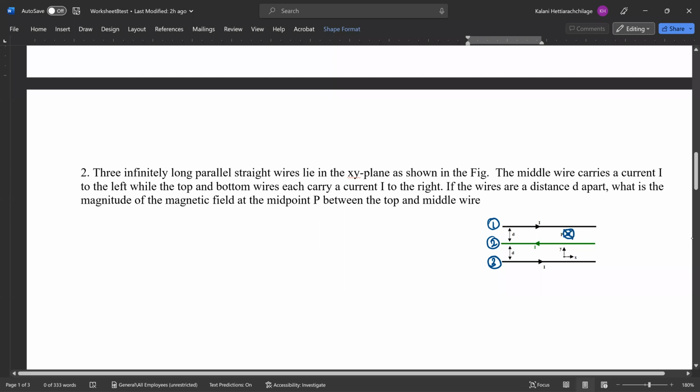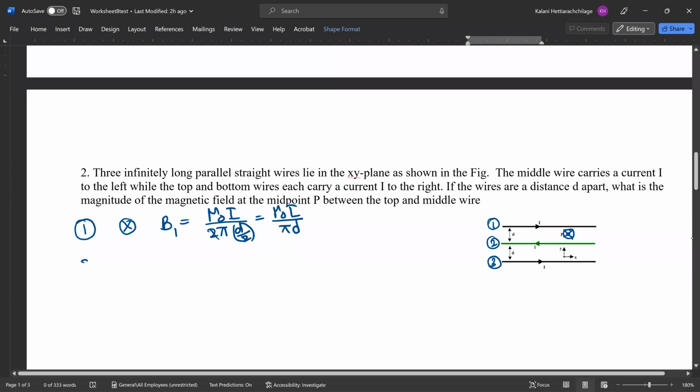How do we calculate it? I'm going to write B1. B1 equals mu naught current I divided by 2 pi and the distance from the wire to the point of interest, that is D over 2. The 2 will cancel out, giving mu naught I divided by pi D.